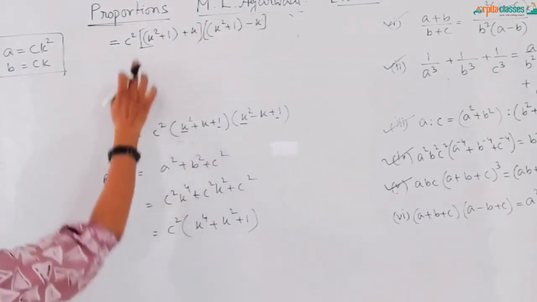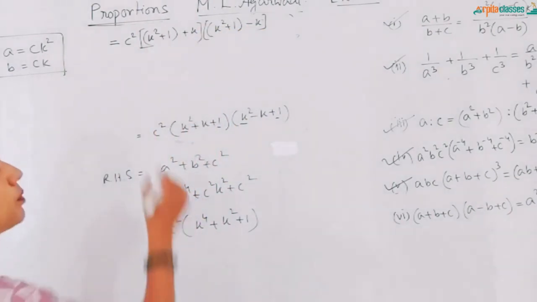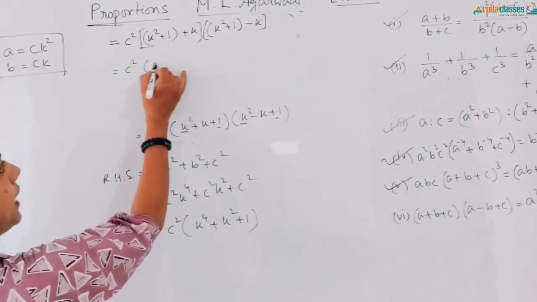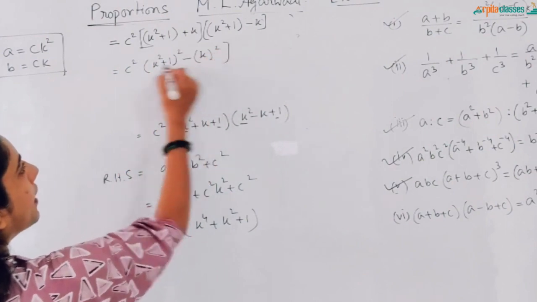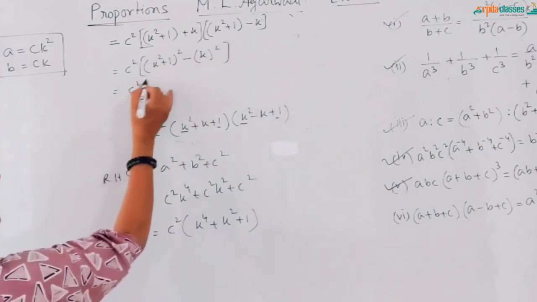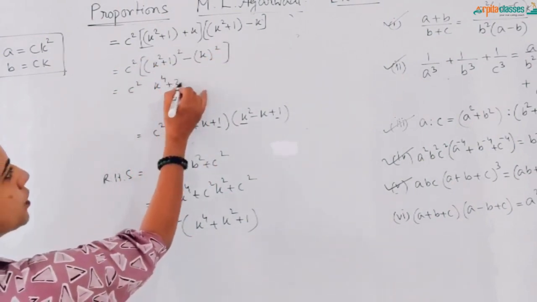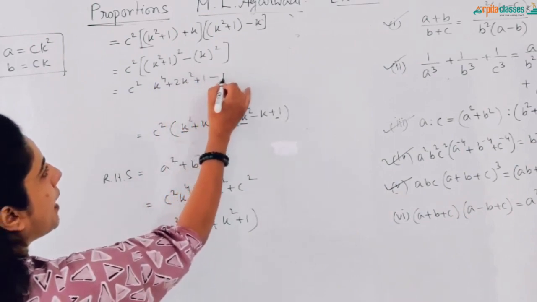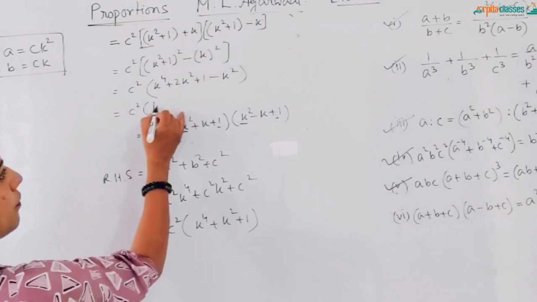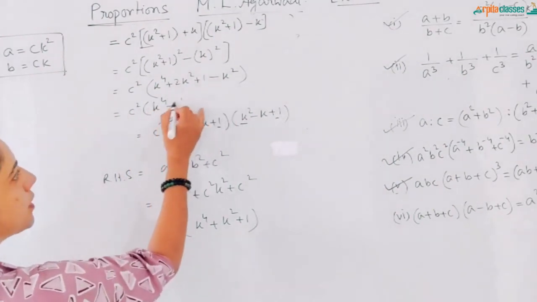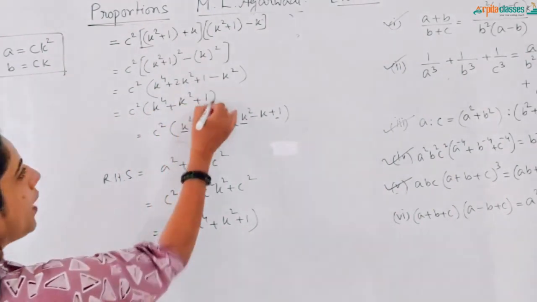If you see this, it is (a plus b) into (a minus b), which is a square minus b square. So now expand it: k to the power 4 plus 2k square plus 1 minus k square. So finally we get k to the power 4, 2k square minus k square is plus k square, plus 1.